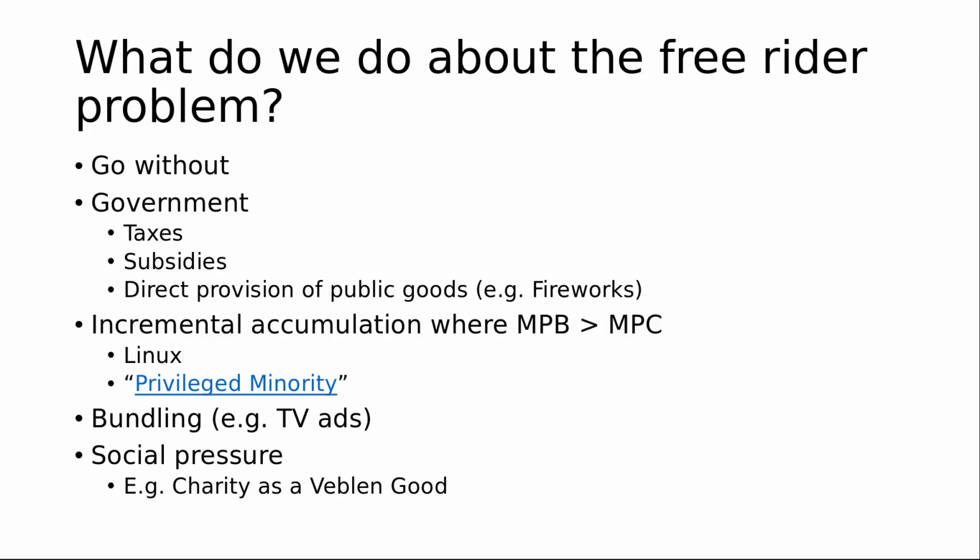The English language is something that we create by using it, right? This phrase, incremental accumulation where the marginal private benefit is greater than the marginal private cost, that's essentially what we're doing when we use the English language. We use it because our benefits are high enough to justify the effort that we put into learning the English language. We don't need someone to create this overall. It's something that we're collectively creating.